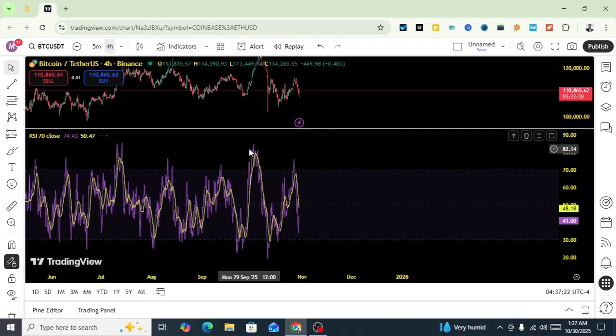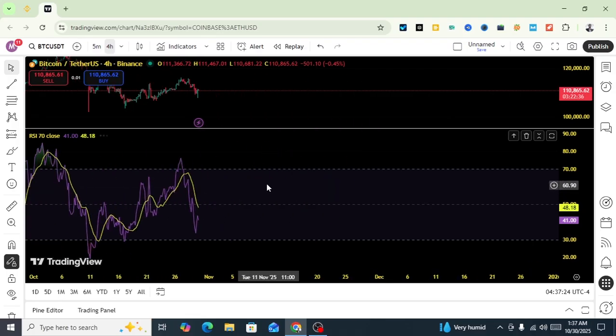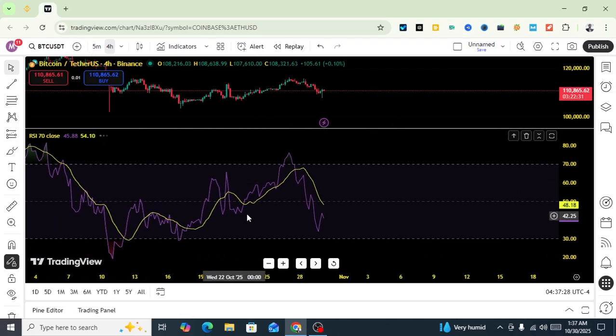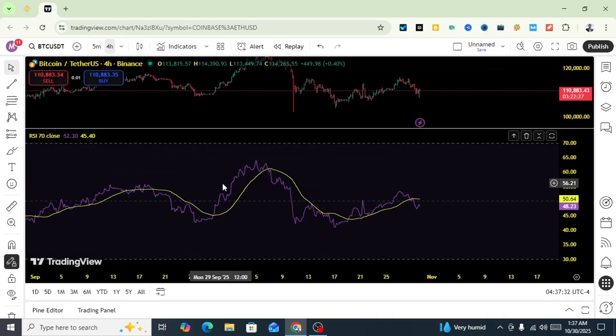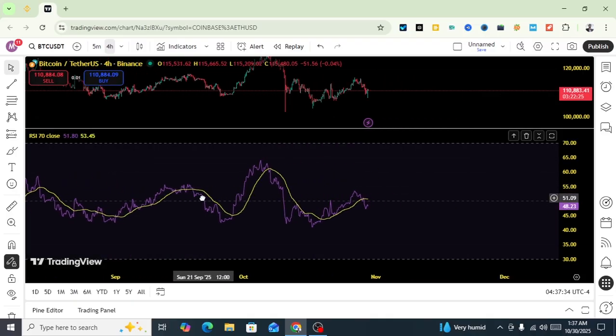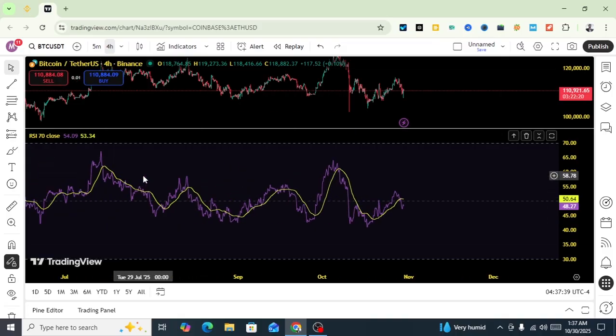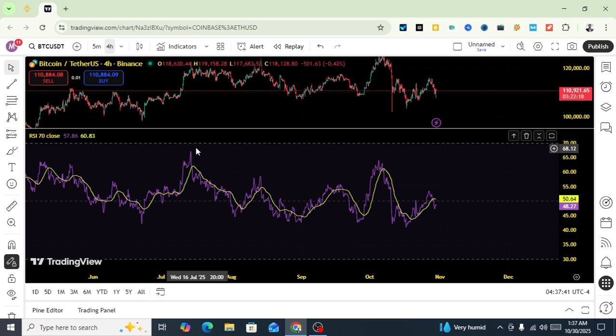When the RSI is above 70, the market is overbought. This is 70, which means this market is overbought.